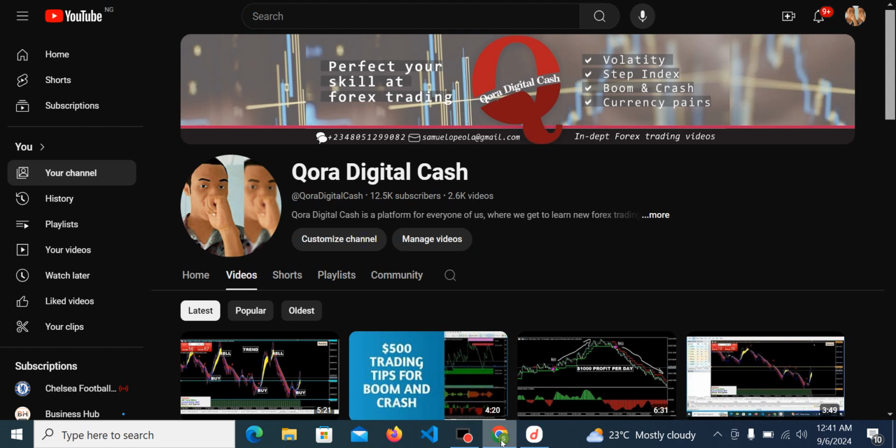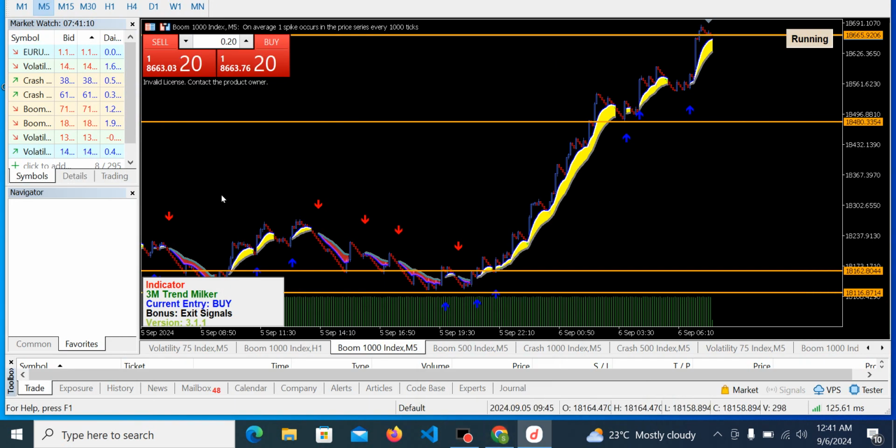Okay, so quickly, let's go straight into what we have right here. So just the way you guys are seeing it, you can see this yellow flag with the blue arrows with it, and of course you can see the red colored items also on the chart, with the red arrows. The red flag shows that the market is on downtrend at that particular point, but if you should notice, it has gotten to this support zone.